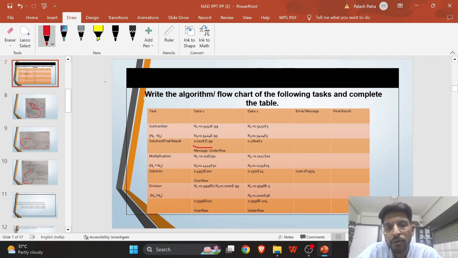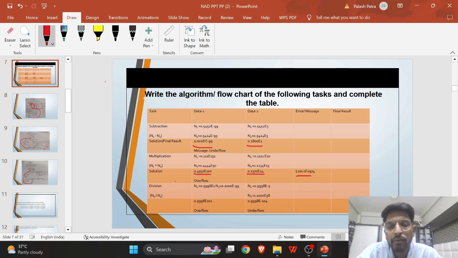And for data 2, the result is 0.2800 and the exponent is 1. It does not show any error, as there is no error over here. For the multiplication part, it's in overflow condition and the result is over here. And for data 2, the multiplication result is over here and the error message is over here.